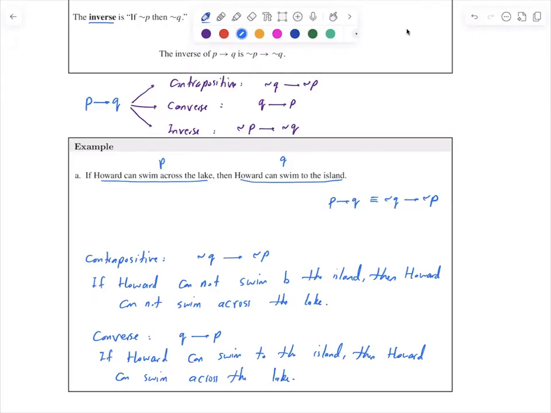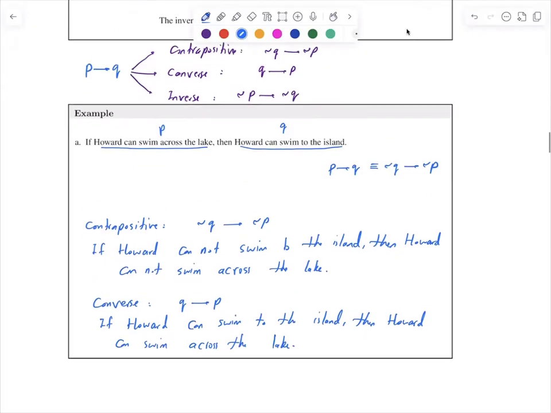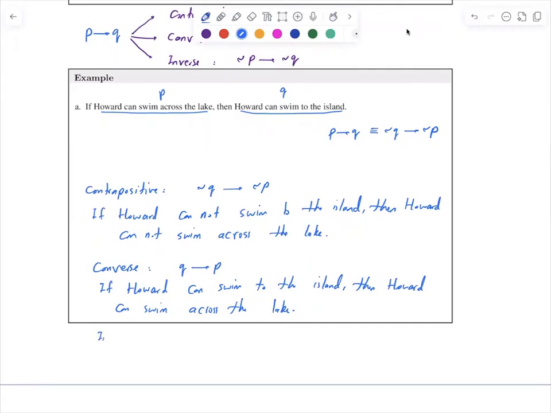And for the inverse, not P, then not Q. We know that it is not P, then not Q. So if Howard cannot swim across the lake, then Howard cannot swim to the island.